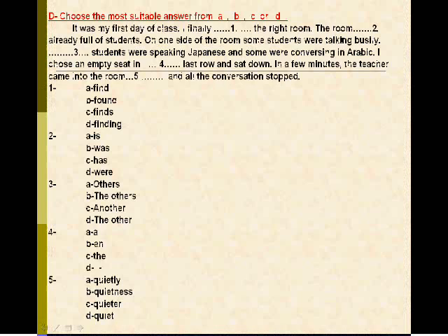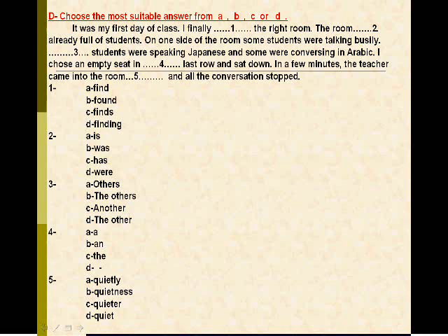Let's have a look at the last sample. It was my first day of class. I finally the right room. Now I'm just going to read and you will choose the answers, okay? Number 1: A, find, B, found, C, finds, D, finding. It was my first day of class.